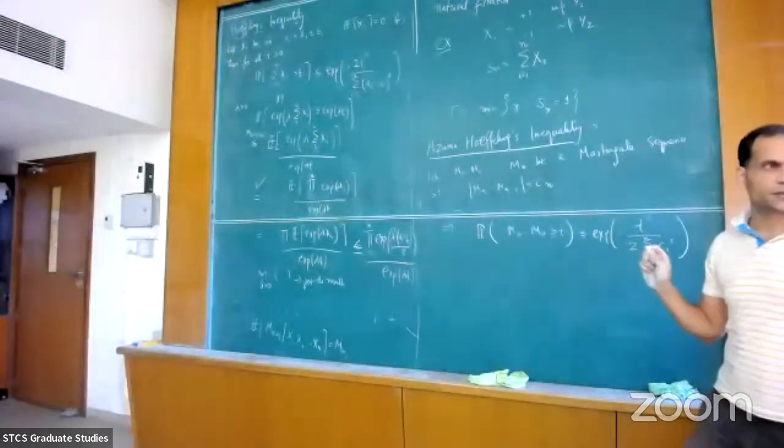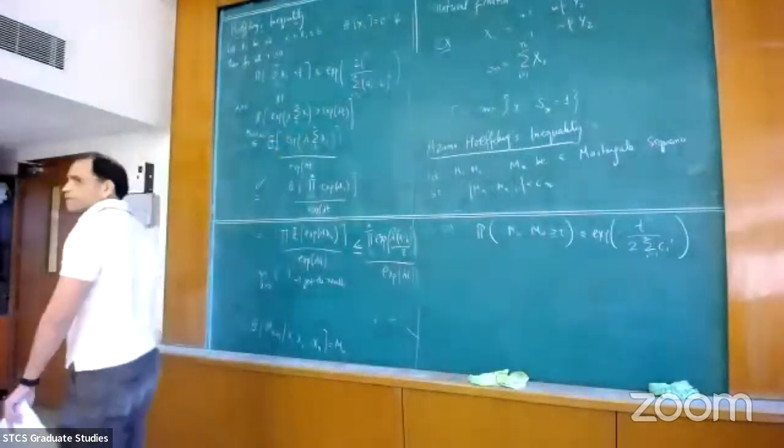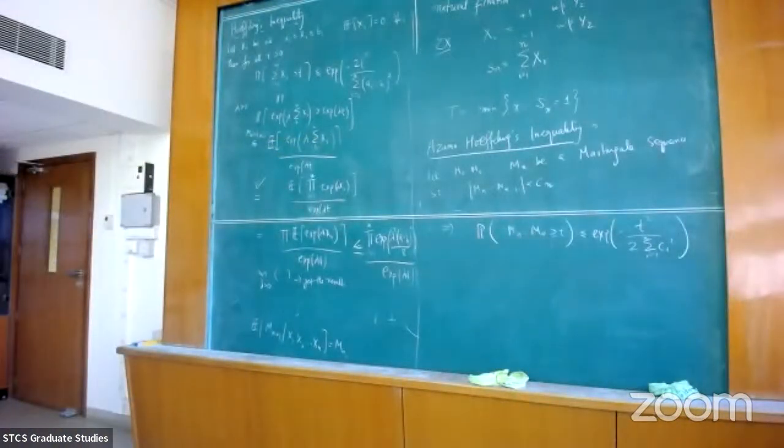That's what the inequality is. Now we're moving from IID random variables to martingales.